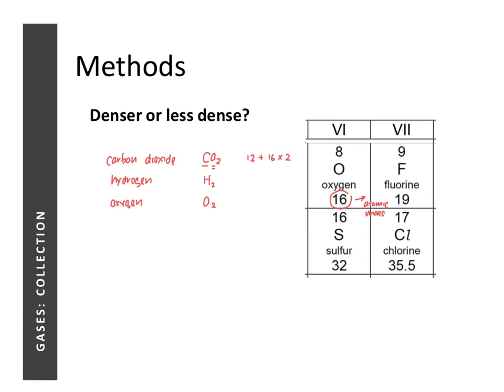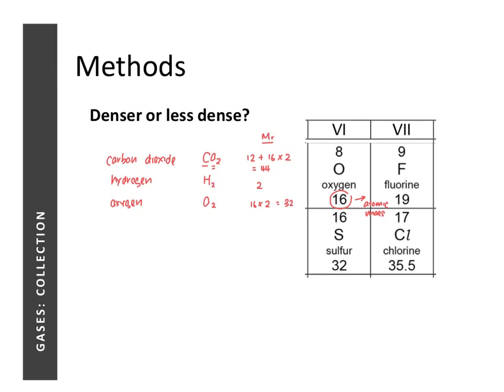There are 2 oxygen atoms, so 16 times 2. So the molecular mass of carbon dioxide is 44. Doing the same for hydrogen, you'll find that the relative mass of hydrogen is 2, and the mass of oxygen is 16 times 2, which equals 32.